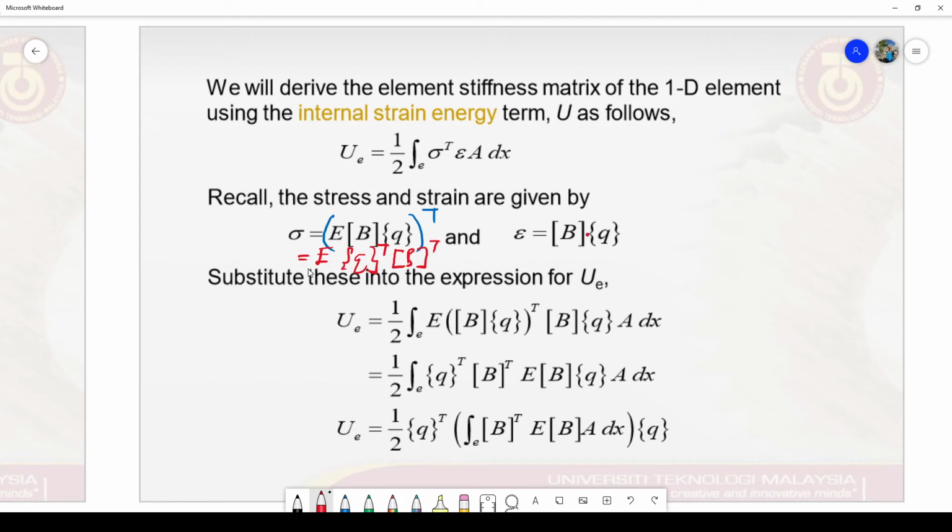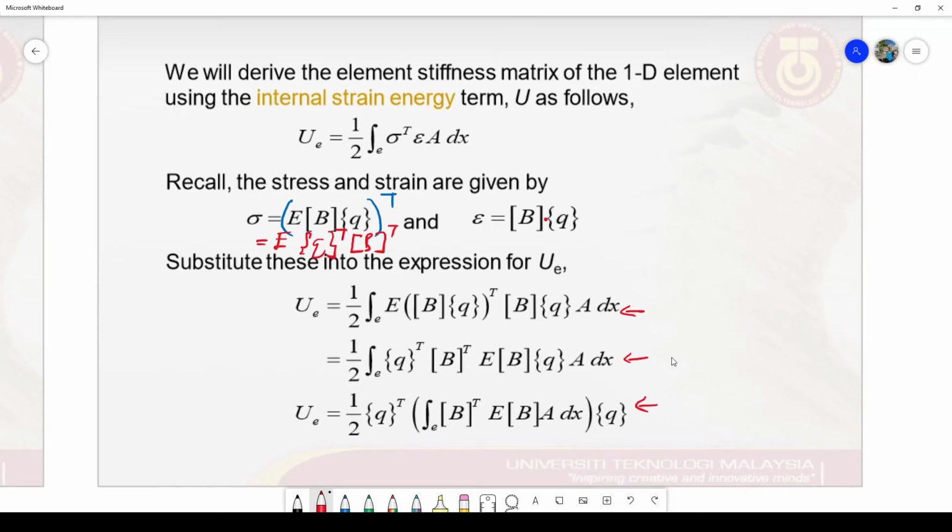If we substitute these expressions for the stress transpose multiplied by the strain into the internal strain energy equation, then we will obtain these equations, which can be further simplified so that we have the internal strain energy given by this equation. But this equation, as we can see, is still written in the Cartesian coordinate system.